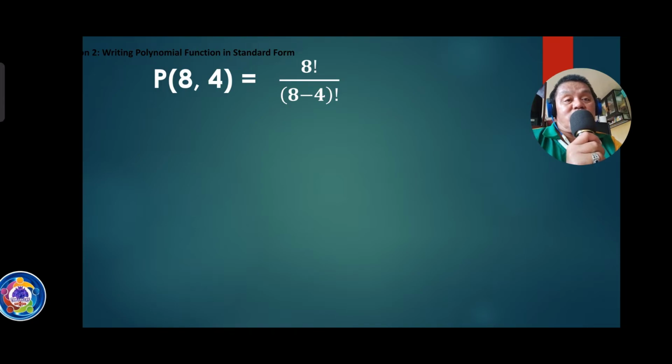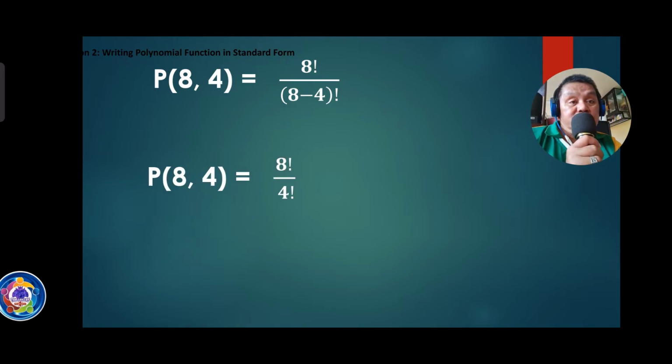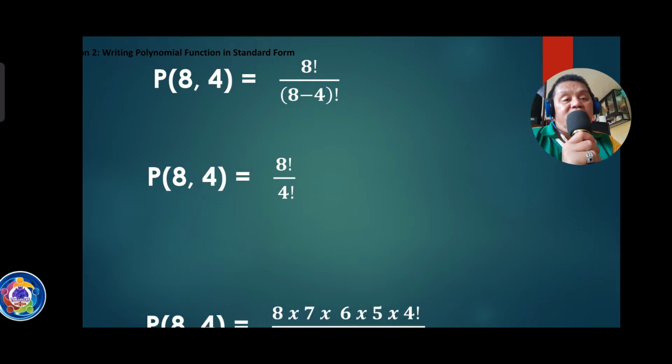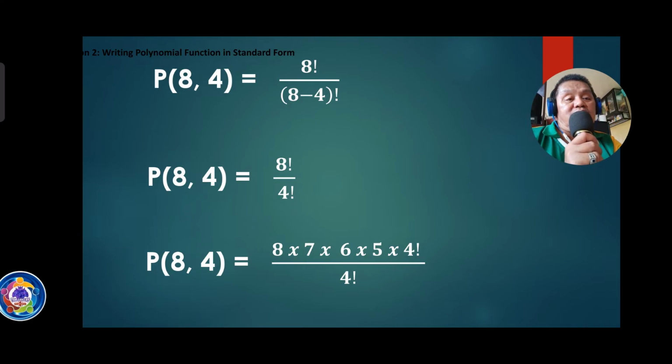Substitute N equals 8 and R equals 4. So this will be equal to 8 factorial over the quantity 8 minus 4 factorial. 8 minus 4 is 4, so we have 8 factorial over 4 factorial. 8 factorial can be written as 8 times 7 times 6 times 5 times 4 factorial all over 4 factorial.